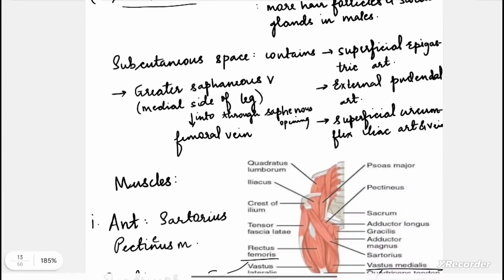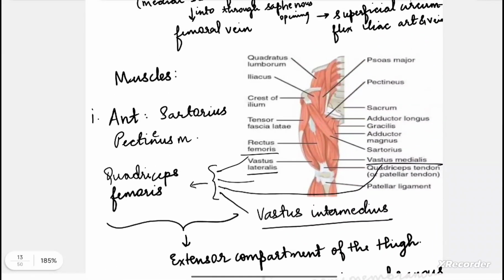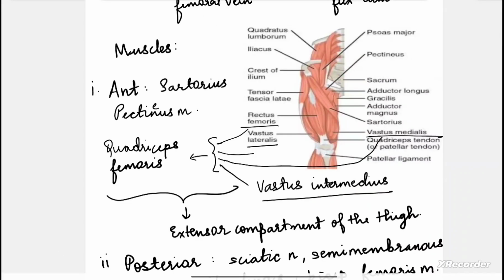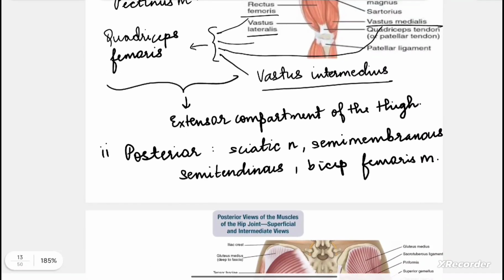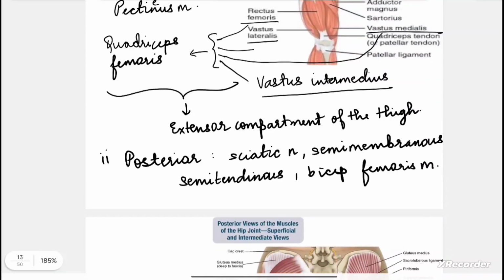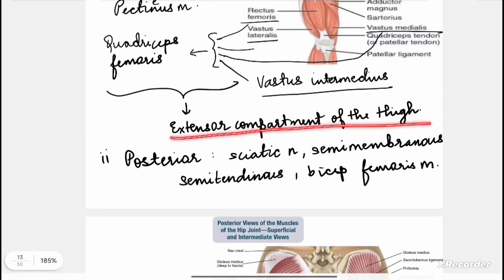What are the muscles? Muscles anteriorly are sartorius, pectineus, and quadriceps femoris. This quadriceps femoris consists of rectus femoris, vastus lateralis, vastus medialis and vastus intermedius. These anterior muscles are also called the extensor compartment of the thigh.